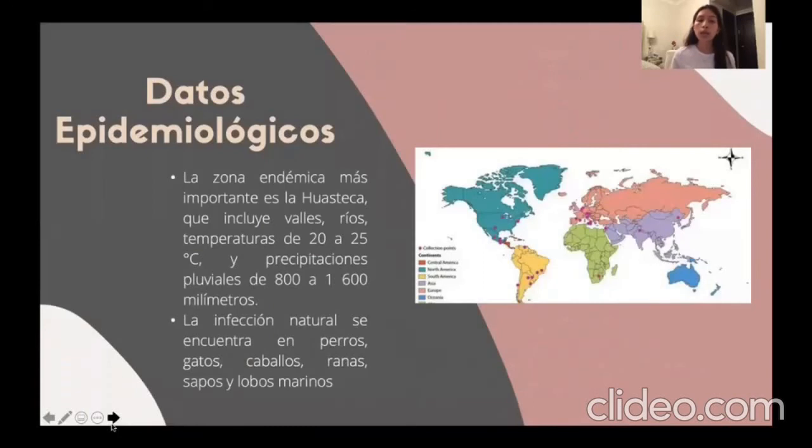The most important endemic area is the Huasteca, which includes valleys, rivers, and temperatures from 20 to 25 Celsius. The natural infection is found in dogs, cats, horses, frogs, and sea lions.